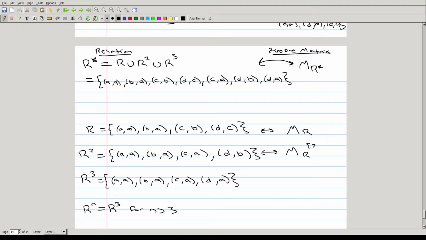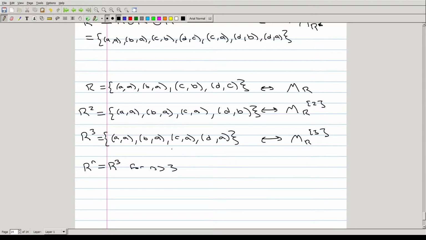MR Boolean power 2 is the matrix that represents R squared, the second power of the relation R. MR3 is the matrix that represents the third power of the relation.